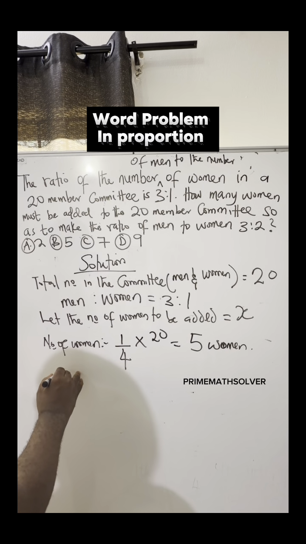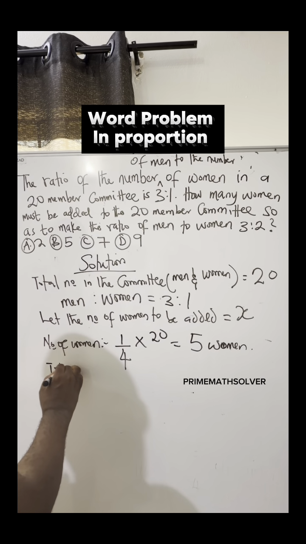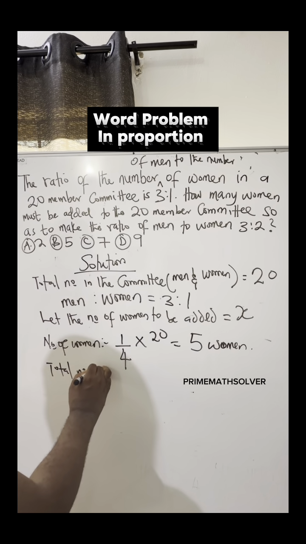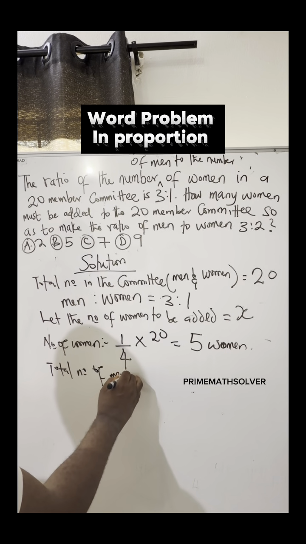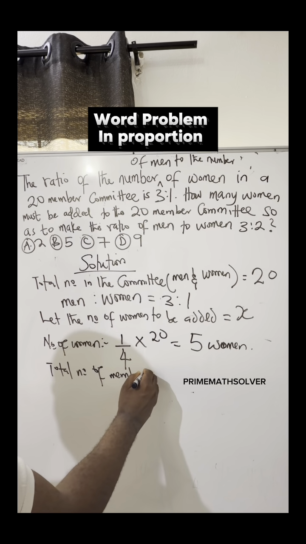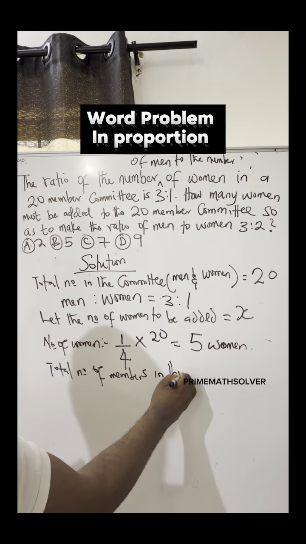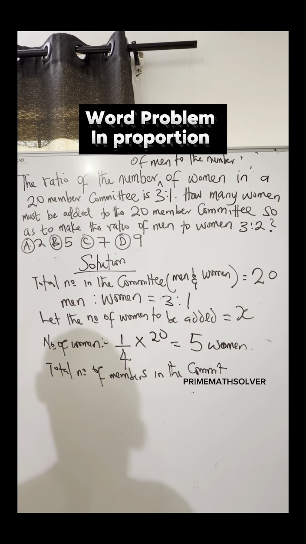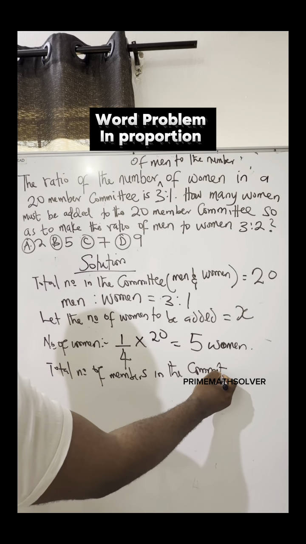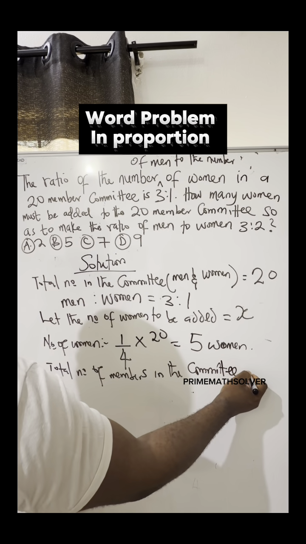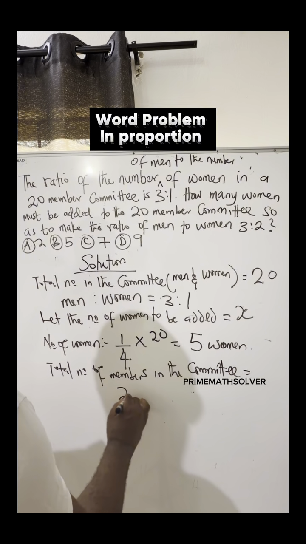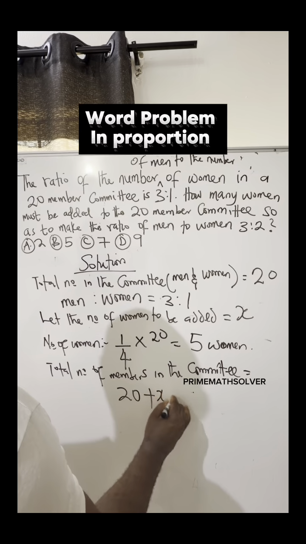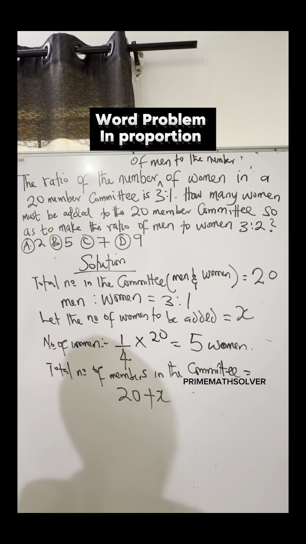So now we can say the total number of members in the committee can be 20 plus X, because this is the X that we are looking for.